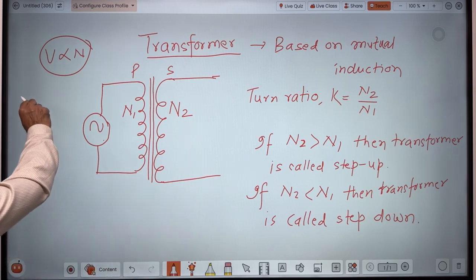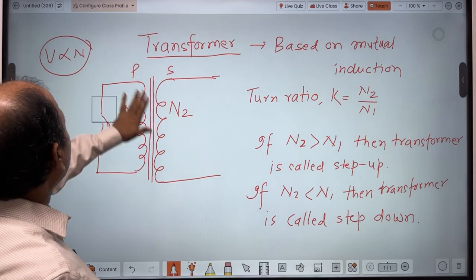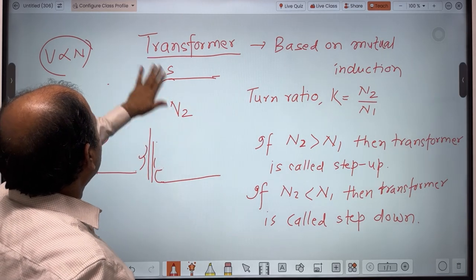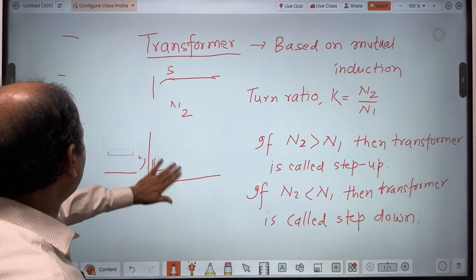So here let's write the relation between voltage and number of turns.